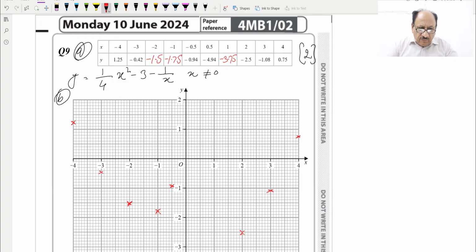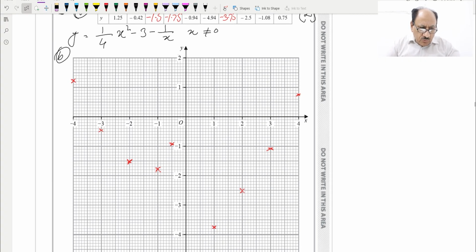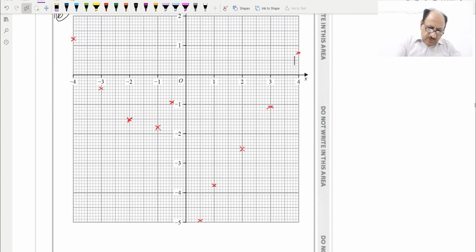So we have done the points and we need to draw. If they are saying on the grid opposite, plot the points from your completed table and draw the graph, then a smooth graph is required. So we can draw the graph like this one.